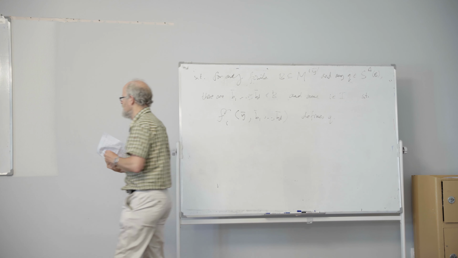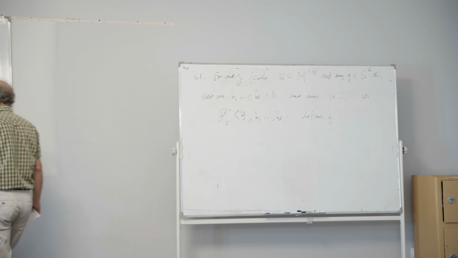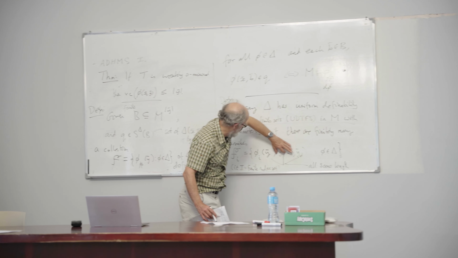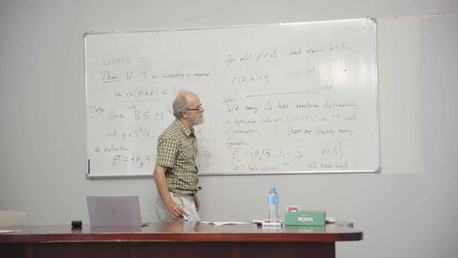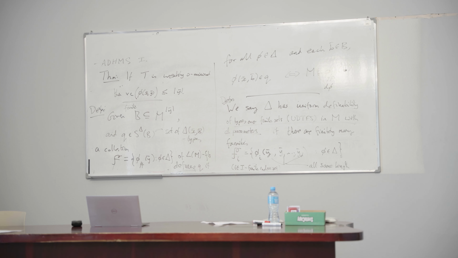In other words, I can define q by putting in the parameters b bar for these y's in the formulas phi_i. So it's a strong kind of uniformity of defining q.